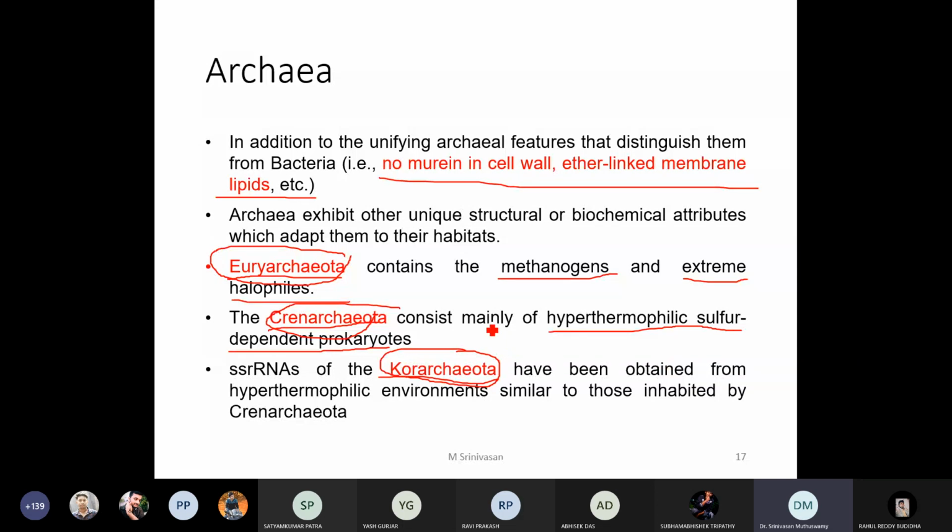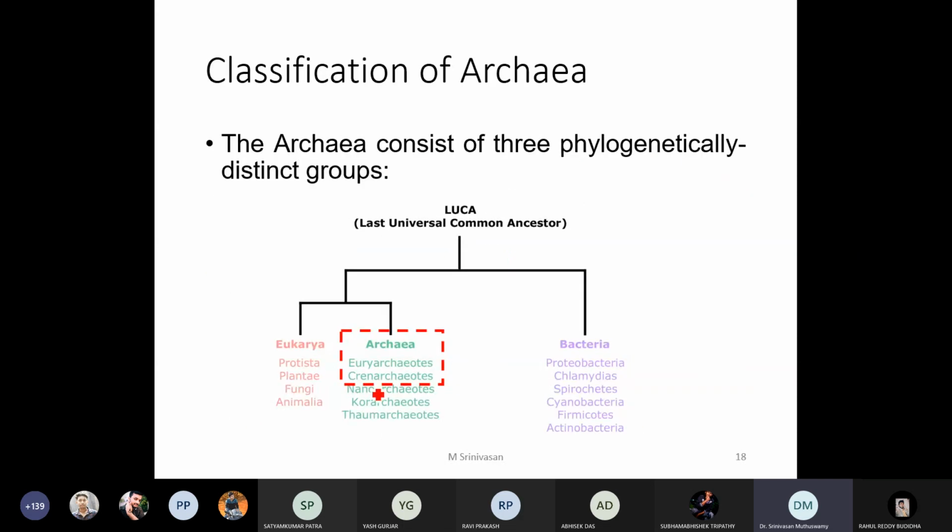Further, archaea has been classified into Euryarchaeota and Korarchaeota, and among these we have the subdivisions like methanogens, extreme halophiles, and the hyperthermophiles. We'll see in detail what they are. This is what the subdivisions I have already shown you.